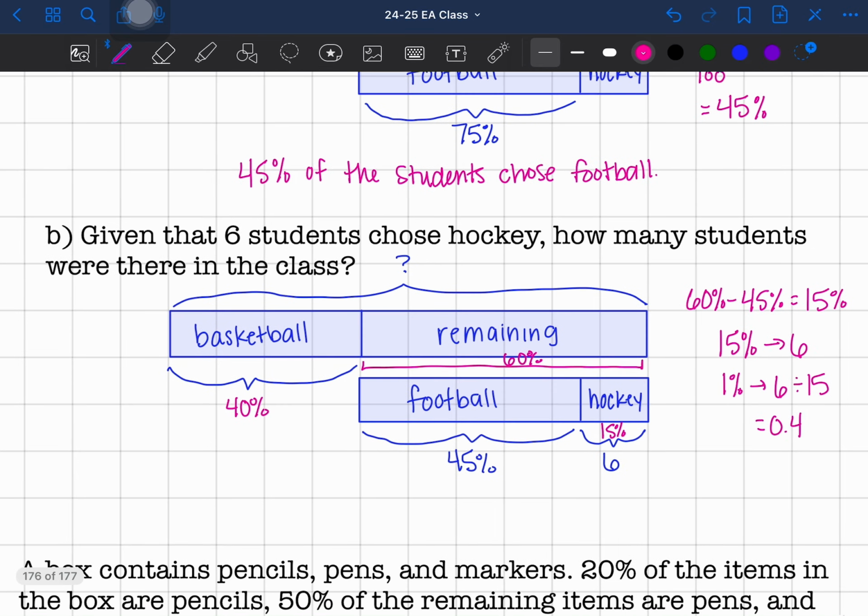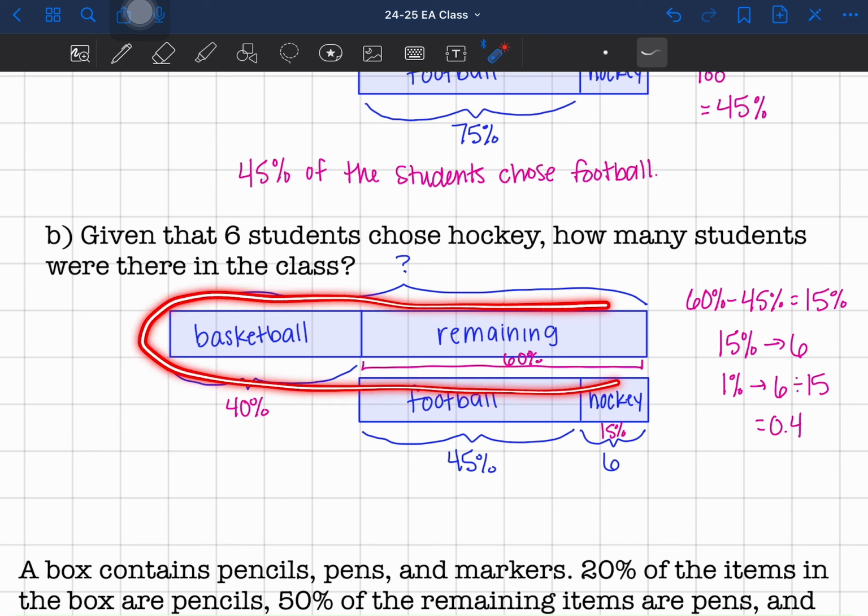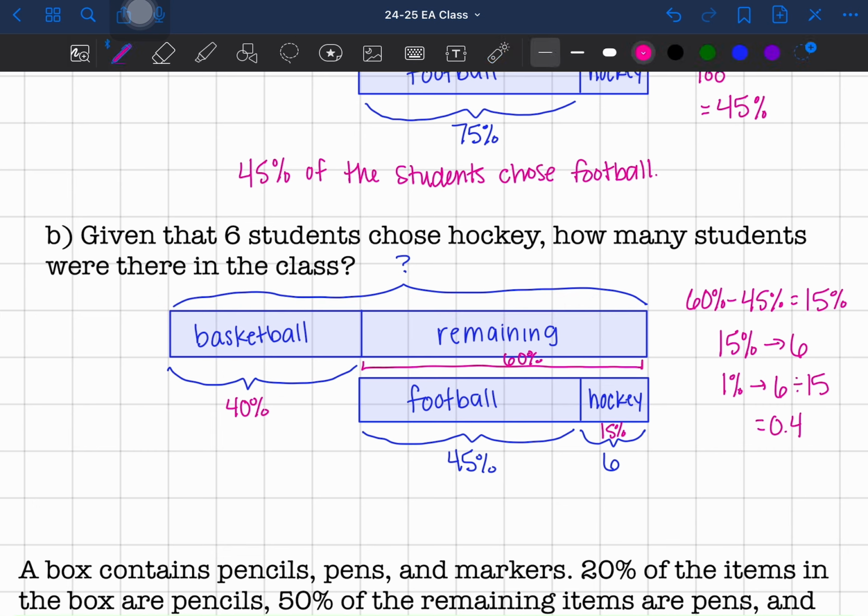So to find 100%, so to find all the students, we're going to do 100% equals 4/10 times 100, which equals 40. So there were 40 students in the class.